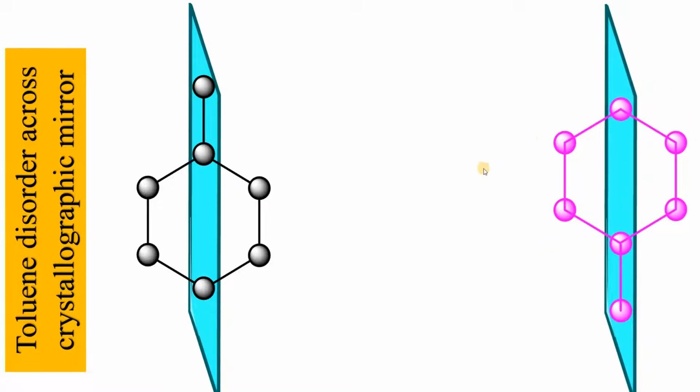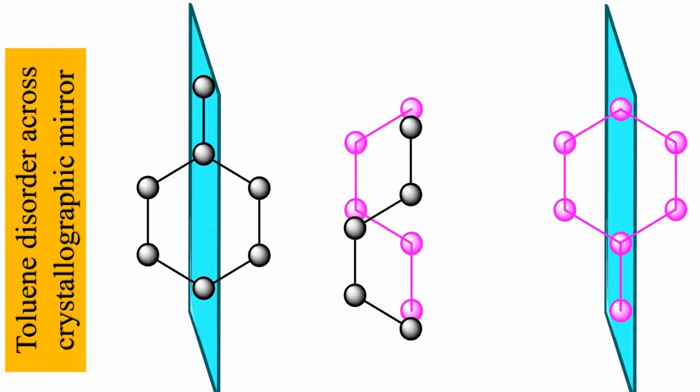But in the present case, there are two orientations of toluene which are approximately at 180 degrees to each other, and only half is present in the asymmetric unit like this. So one orientation is this, and the second orientation is this.